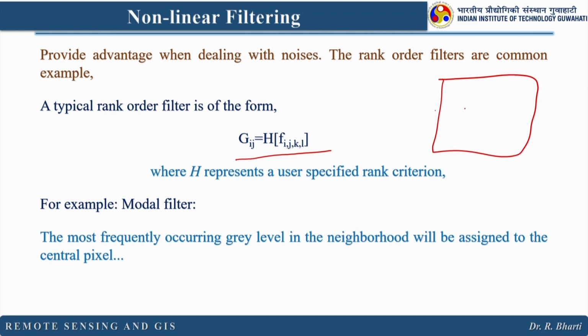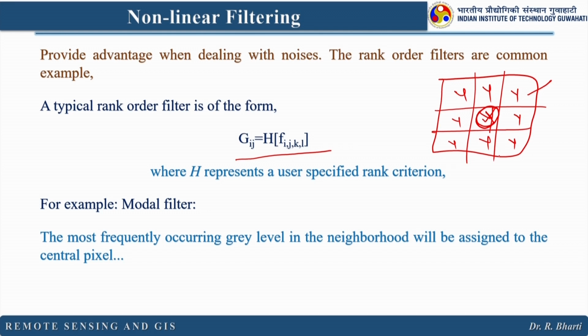Let us assume that you have a very small image of 3 by 3. This is the neighborhood size, and here we take the most occurring gray label. So it doesn't matter whether your central pixel is X and all the others are Y. Then what will happen? Y is the most occurring element in this particular matrix, so Y will be assigned here.